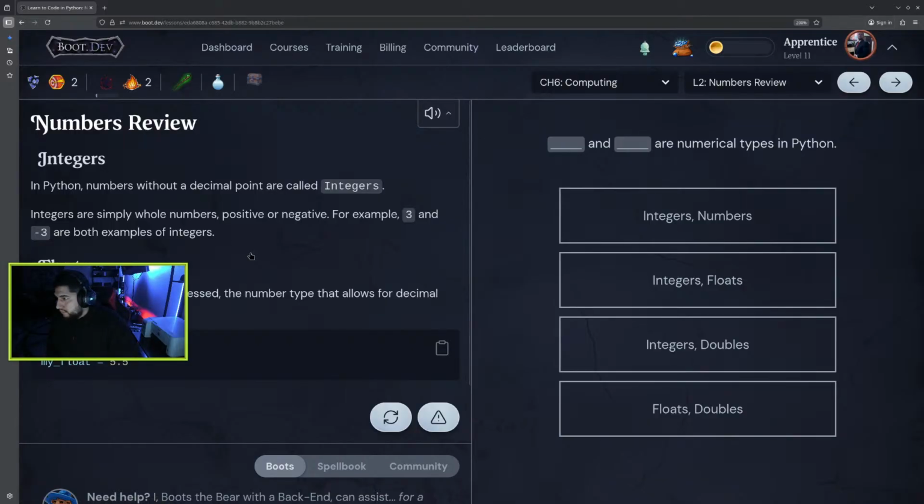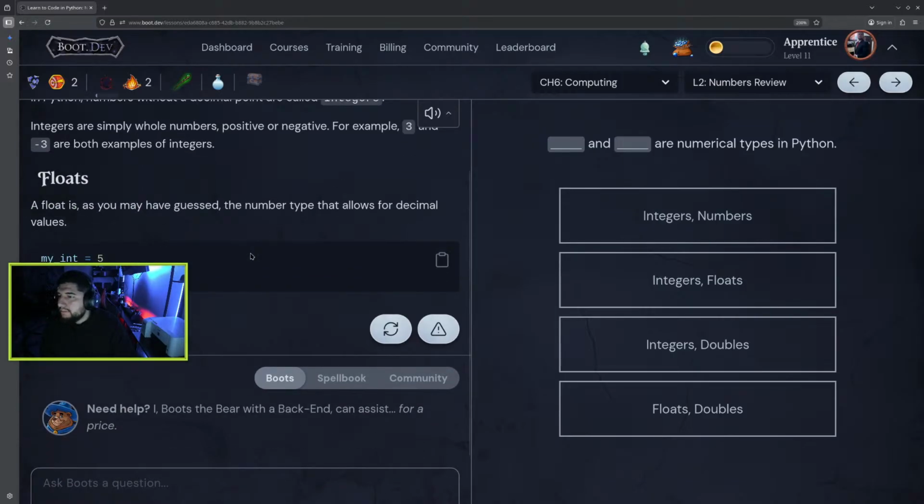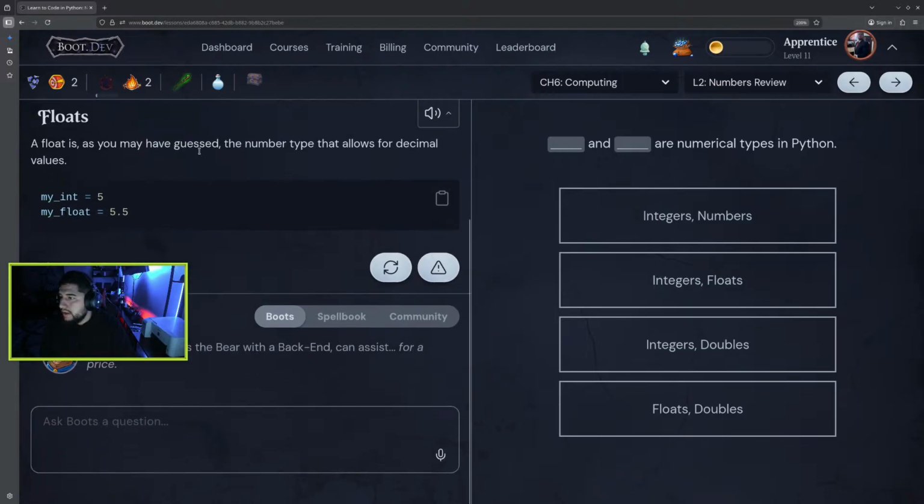Numbers review. Integers. In Python, numbers without a decimal point are called integers. Integers are simply whole numbers, positive or negative. For example, 3 and -3 are both examples of integers. Floats.